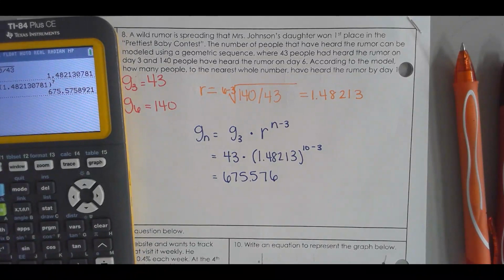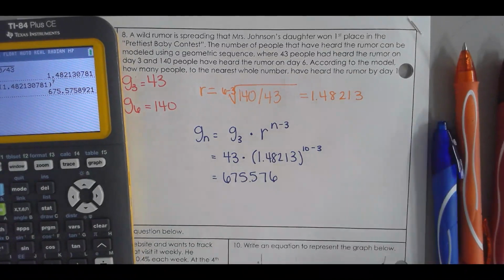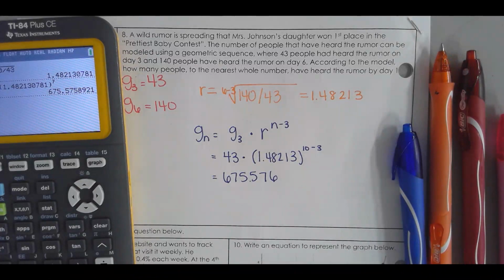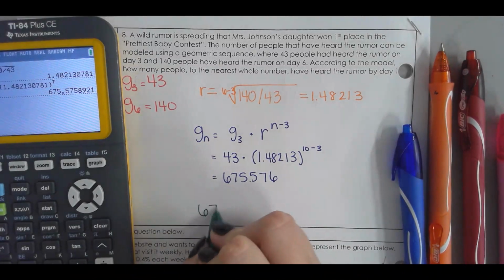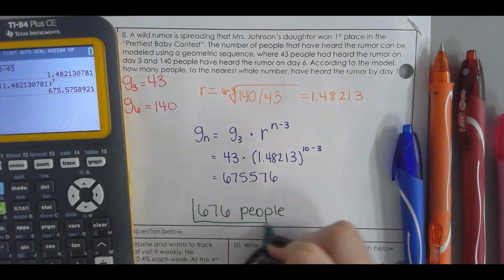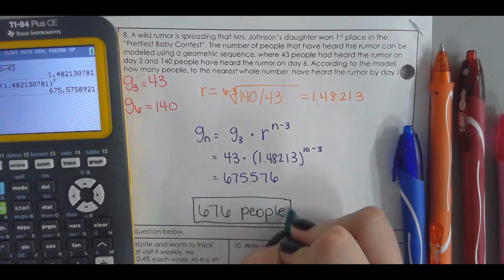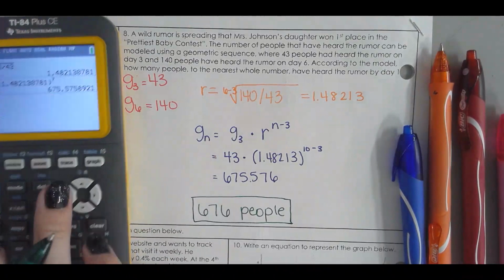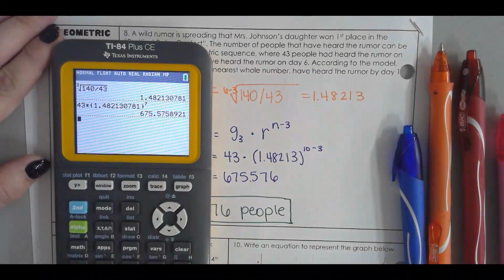So how many people are we going to go with? 676 people. Let's see, 43 times, let me just see what happened if you rounded.